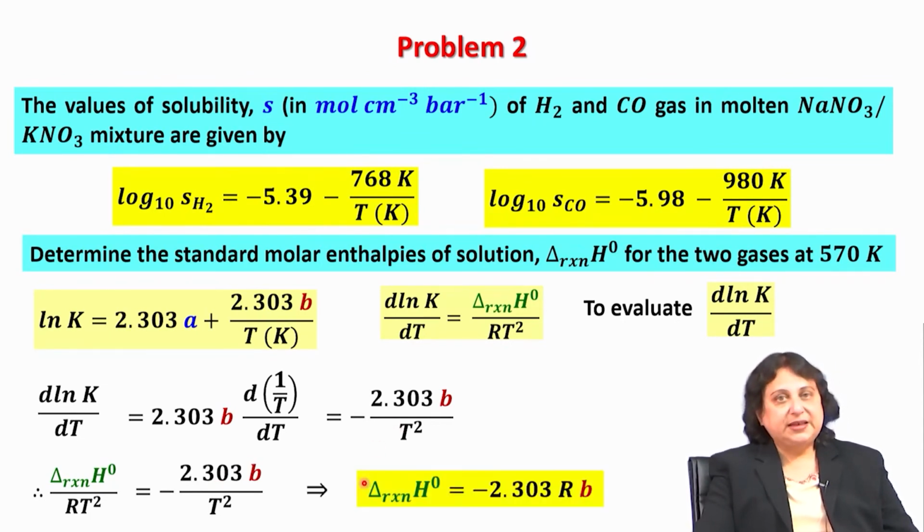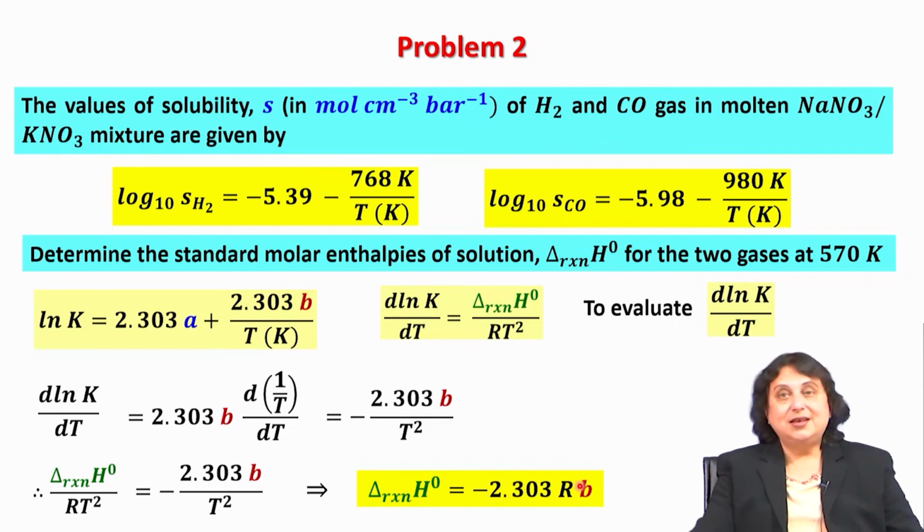On algebraic simplification, I find that the standard molar enthalpy of solution will be minus 2.303 multiplied by the universal gas constant R multiplied by the characteristic constant B of the gas. Please remember that although I am using the notation A and B for the gas, these are in no way related to the van der Waals constant. These are arbitrary characteristic constants that I have used for this particular problem.